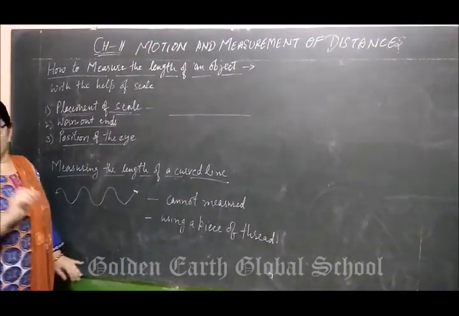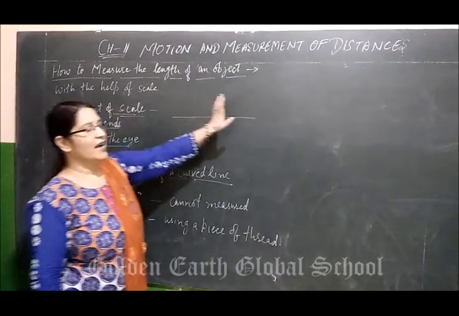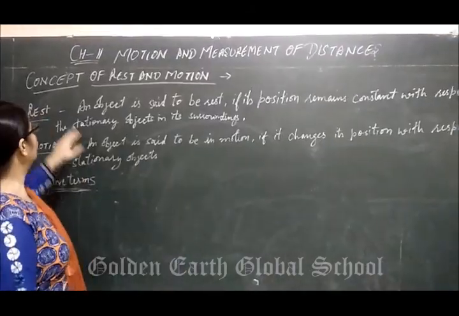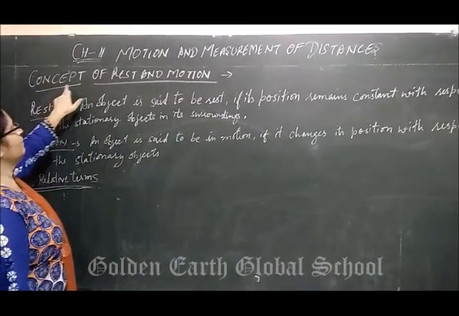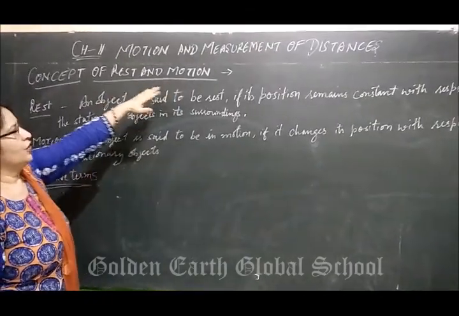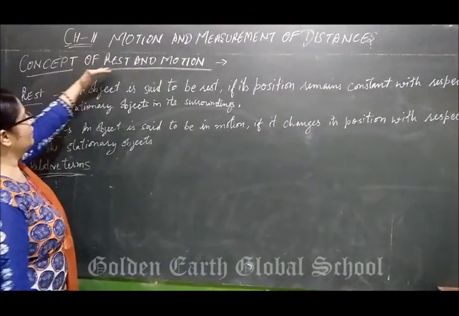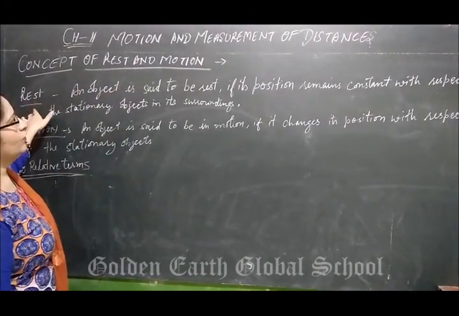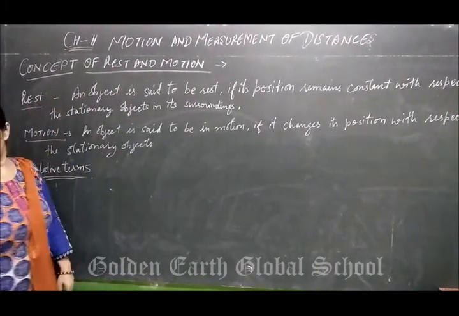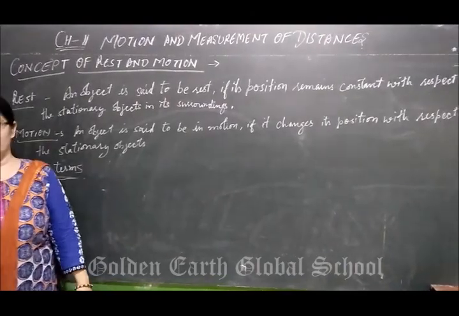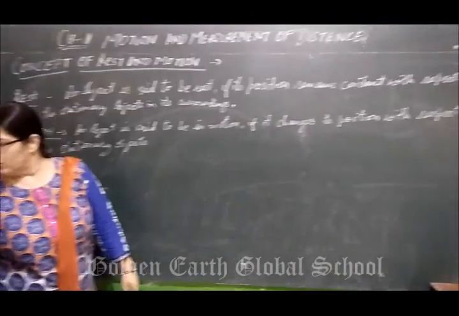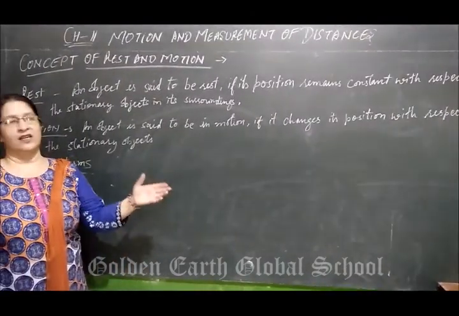The next concept we are going to take is rest and motion. We are now talking about the concept of rest and motion. So first of all, what is rest? When you look around yourself, we see many things.